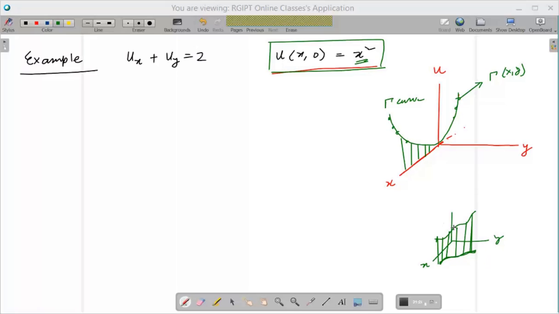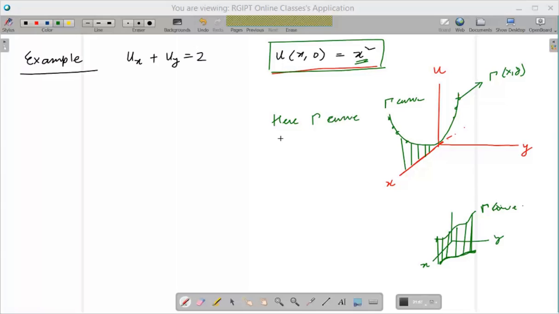This is in general your gamma curve. And in the current problem, the curve over which it is specified happens to be the x-axis itself. I'm saying it wrong: the gamma curve happens to be this parabola.